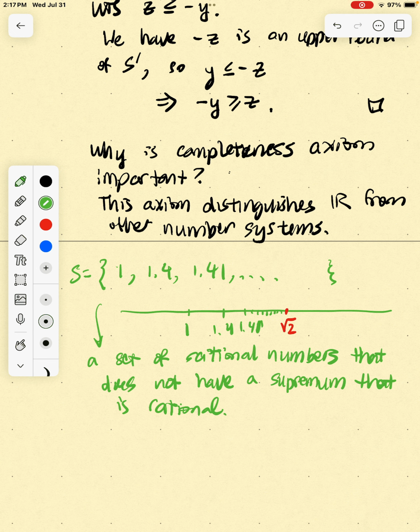But anyway, the point is that the real numbers satisfy the completeness axiom, the least upper bound property, but if you imagine just a set of rational numbers and pretend that there's no such thing as irrational numbers, that would not have the least upper bound property. Okay, thanks.